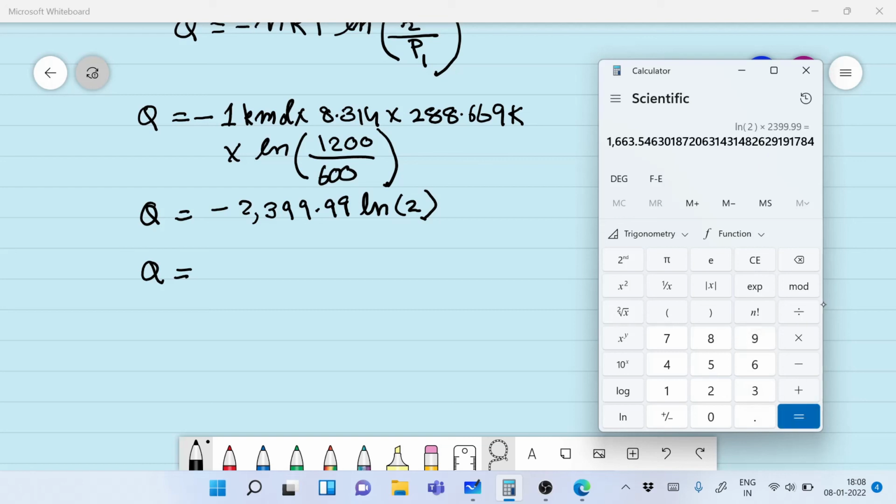So we get it as minus 1663.54 kilojoules.